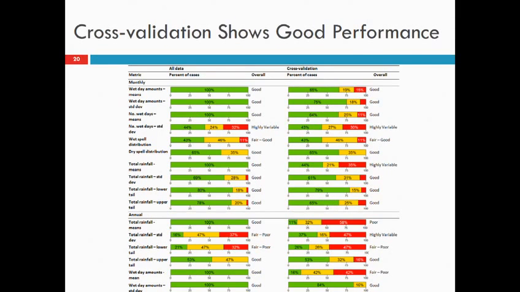Cross-validation over all the sites also shows good performance. This table compares where we used all the data for calibration, and this is as we dropped out each site individually. So yes, there is some degradation in performance, but we're still getting a lot of good performance there.